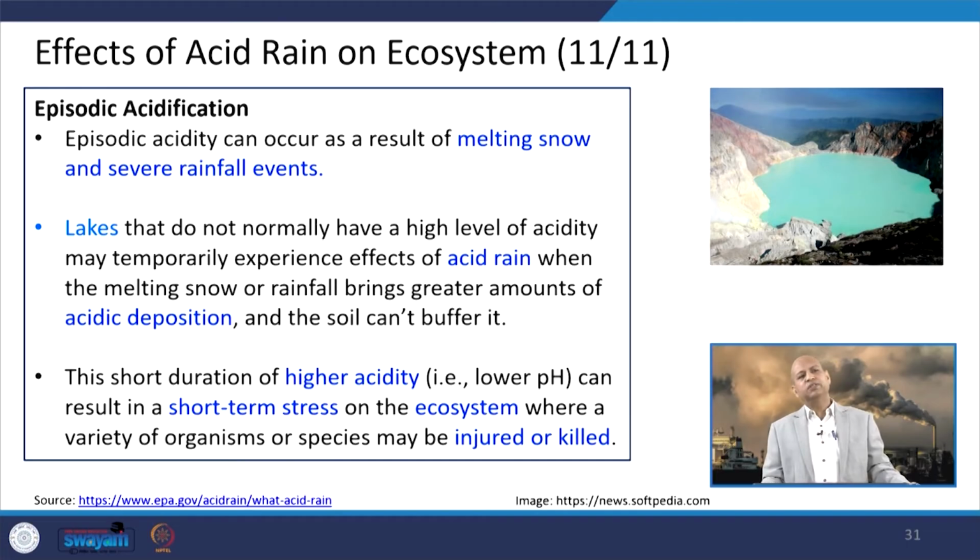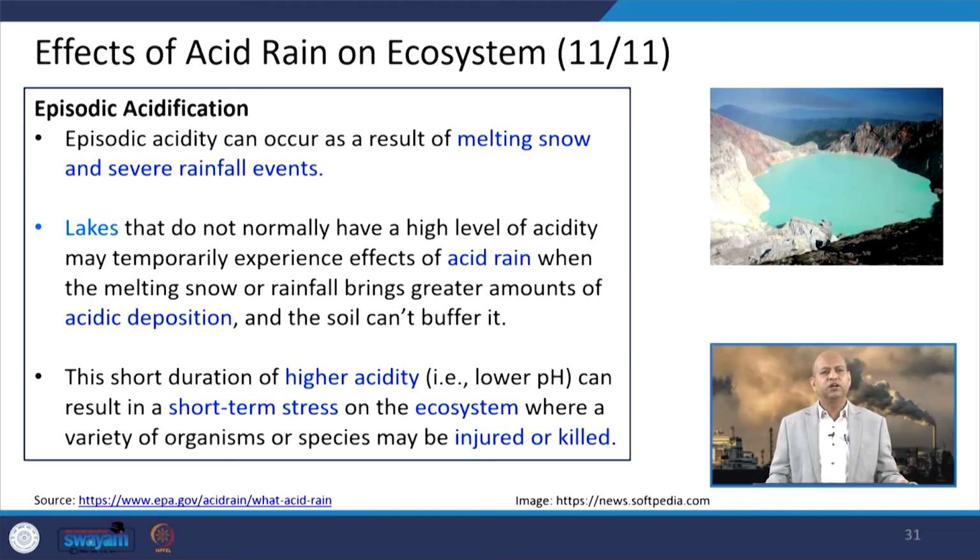Sometimes this episodic acidification may also occur, because snow melts, and suddenly it takes with it a lot of acidic water to particular lakes, and then the pH drastically reduces for some small period, but that small period may be quite disturbing for aquatic life in those particular ecosystems.